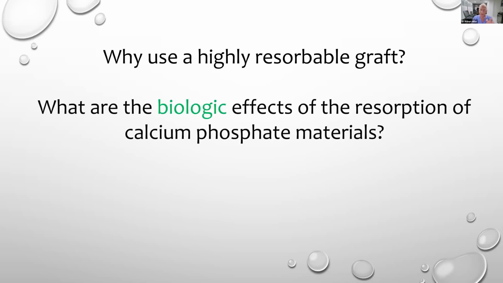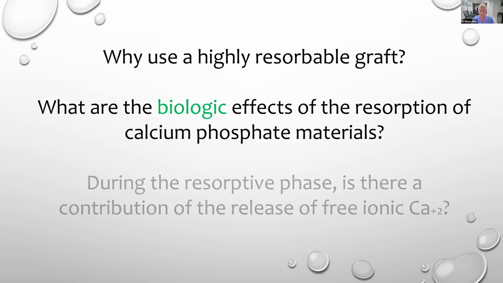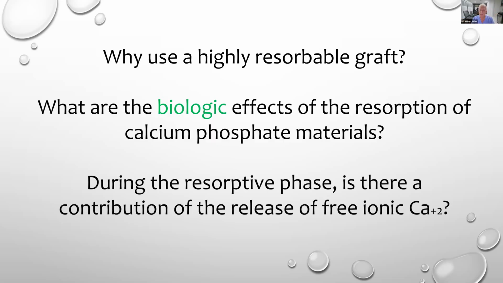And that is when calcium phosphates dissociate, they release phosphate ions and calcium ions. So now the question is, is there a contribution from the release of free ionic calcium? And in fact, there is. Not only is there a contribution biologically, that release actually makes these grafts osteoinductive, which is amazing to me.